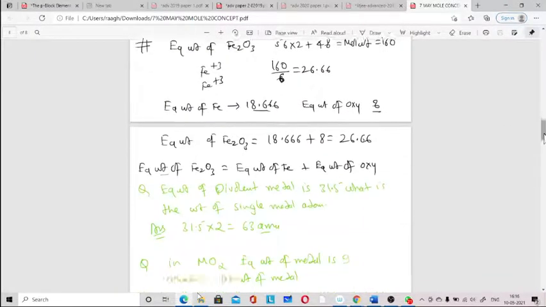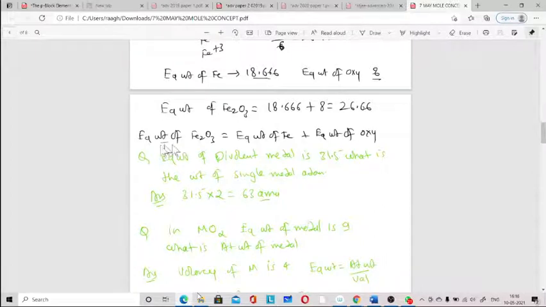Another thing, we drew a conclusion that the equivalent weight of Fe2O3 is equal to the equivalent weight of iron plus the equivalent weight of oxygen. It is applicable whether it is oxides, carbonates, chlorides, whatever.